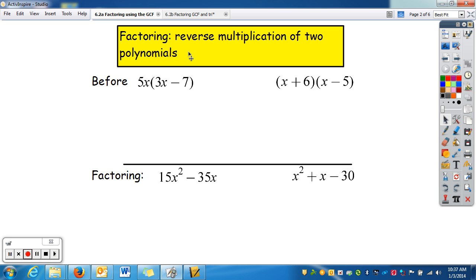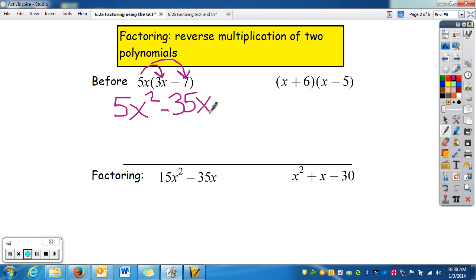Alright, so all factoring is reverse multiplication of two polynomials. So before this, we had 5x times 3x minus 7. In the previous sections, we distribute this to get 5x squared minus 35x.